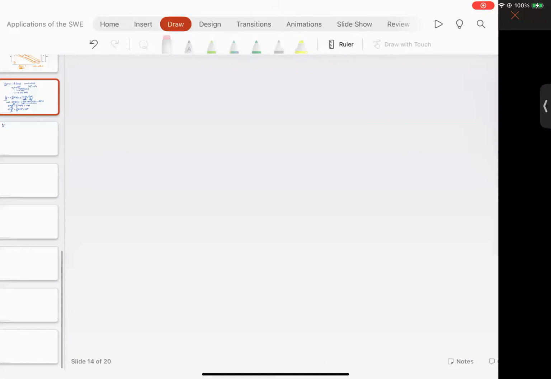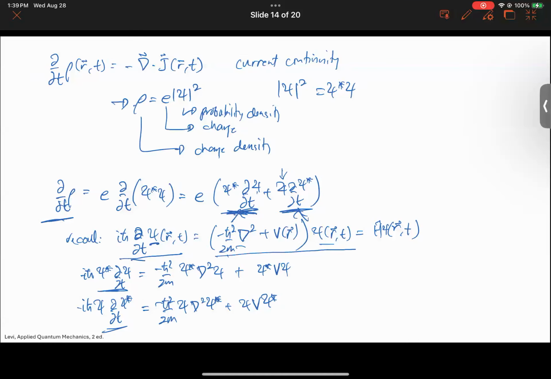Ibalikan lang natin itong slide na ito. Kasi ang ginawa natin dito sa second term is actually we took the complex conjugate first, kaya dito magkakaroon muna ng negative sign before we multiply the psi.